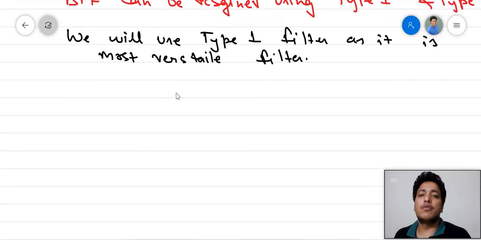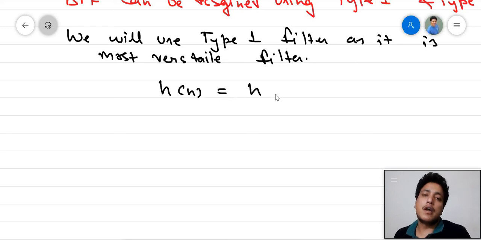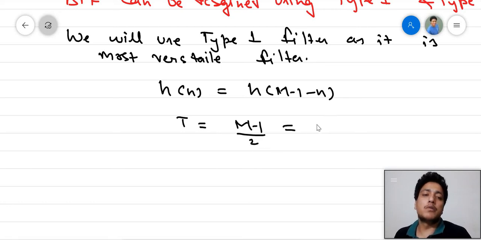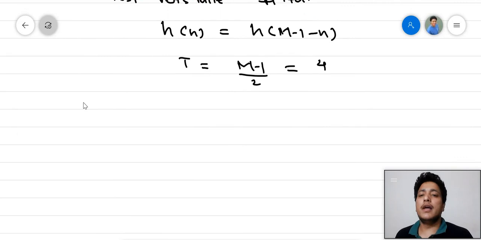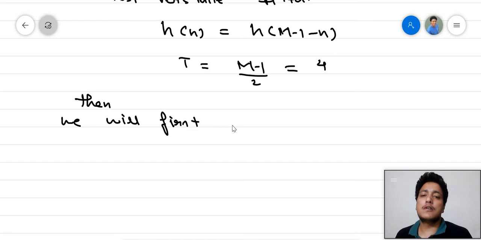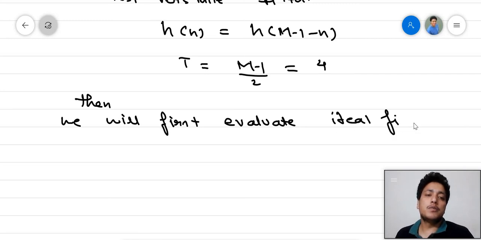Then we know for a type 1 filter, h(n) will be equal to h(M minus 1 minus n), and tau will be equal to (M minus 1) by 2, that is equal to 4. Then we will first evaluate the ideal filter response.